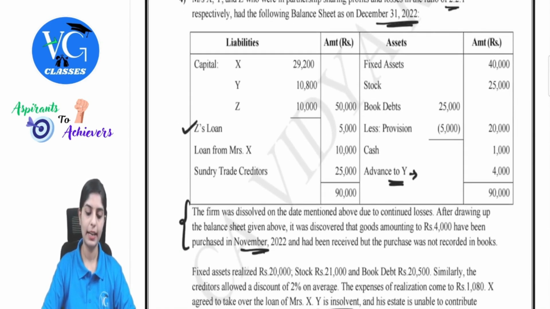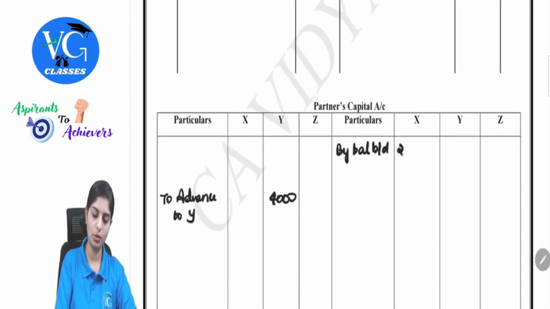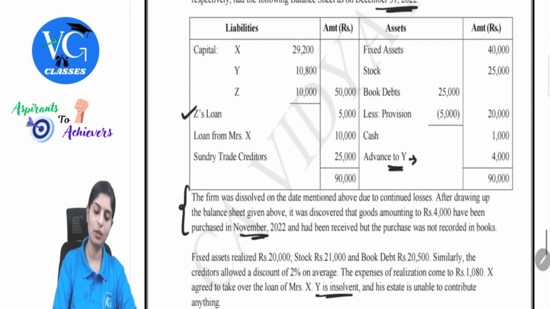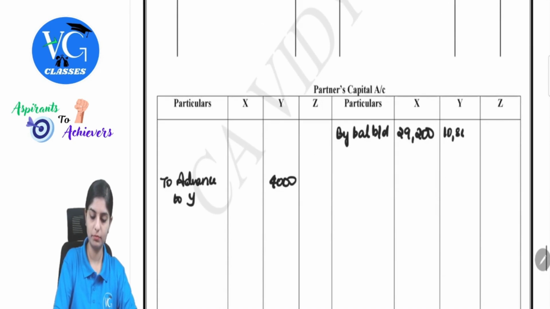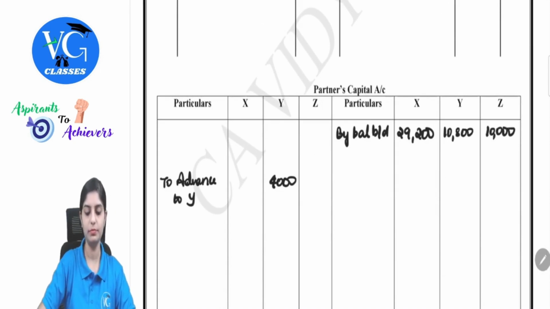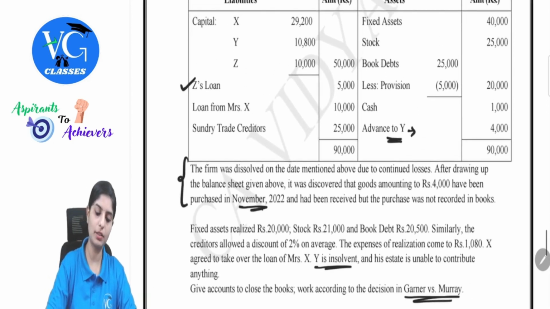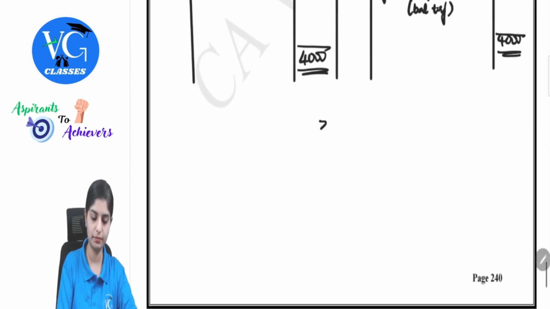Liabilities, capital X, Y and Z 29,200. By balance brought down 29,200. Then we have 10,800 and 10,000. Further, there was debts loan. This is a partner's loan. We will present this in ledger.